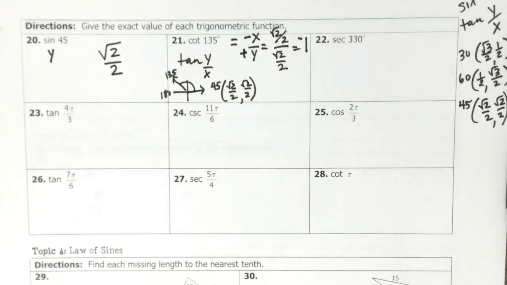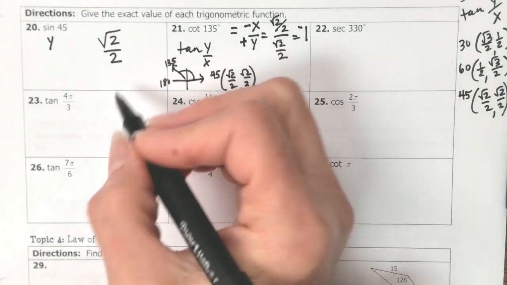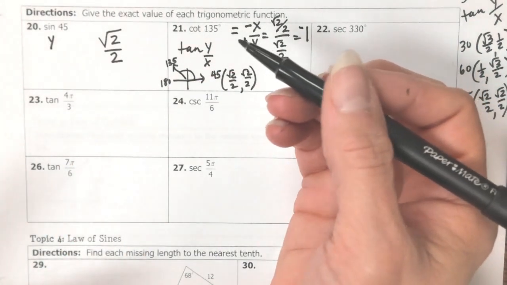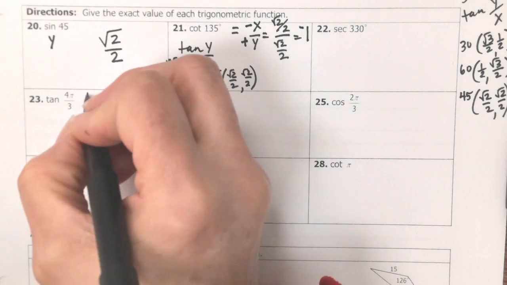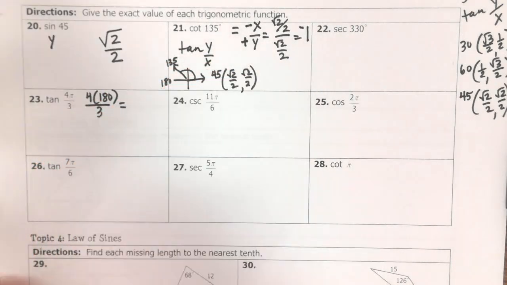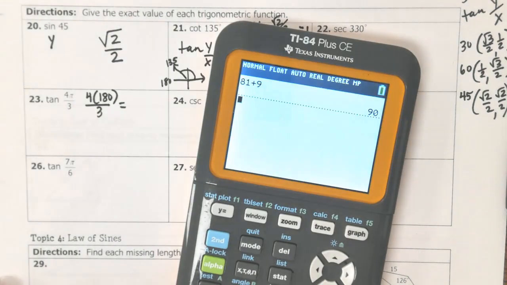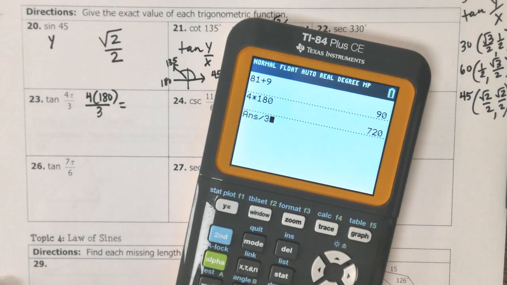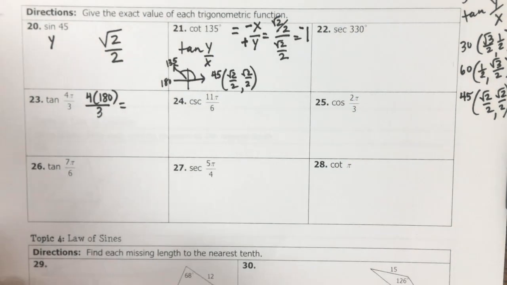Number 23. When I'm looking at it, the first thing I'd go is, what is 4 pi over 3? I would convert 4 times 180 over 3. And that gives 240.